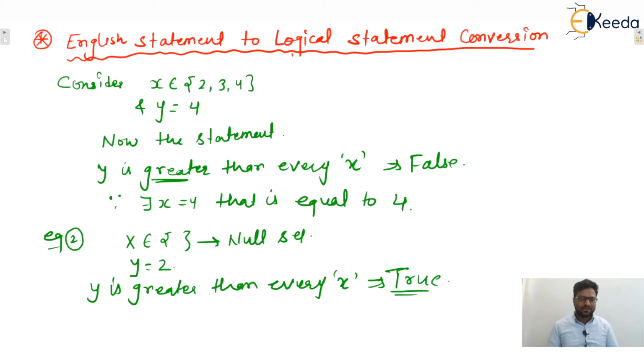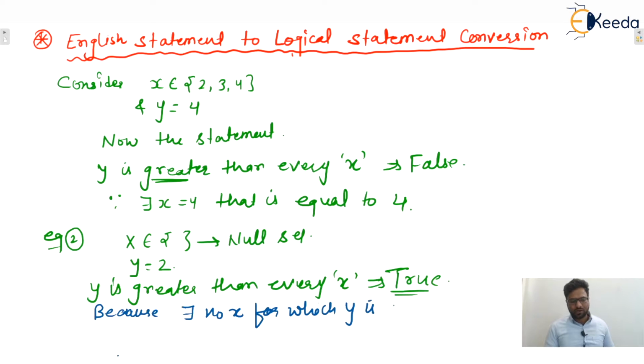Because there exists no x for which y is not greater than x. That's why we can say this statement is true.